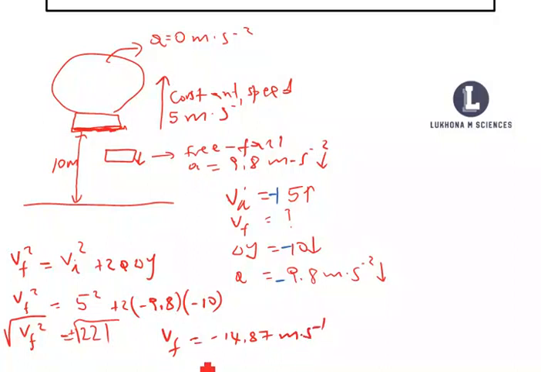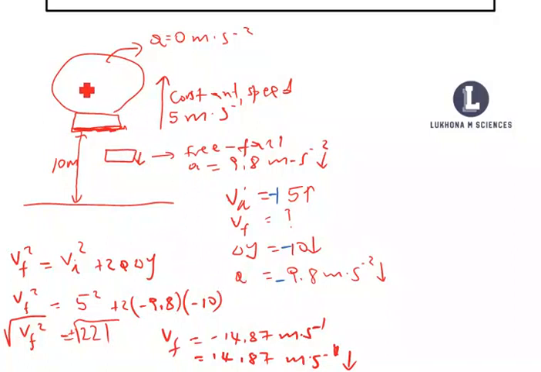Since it is negative, that is downwards, 14.87 meters per second downwards. Then we're done. That is it.